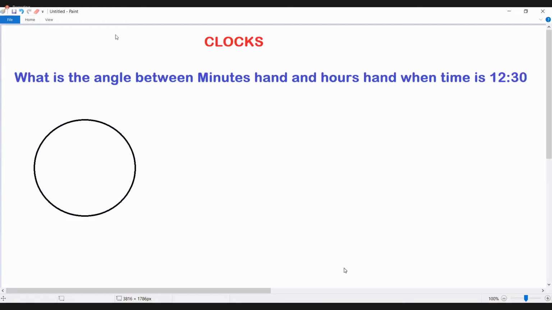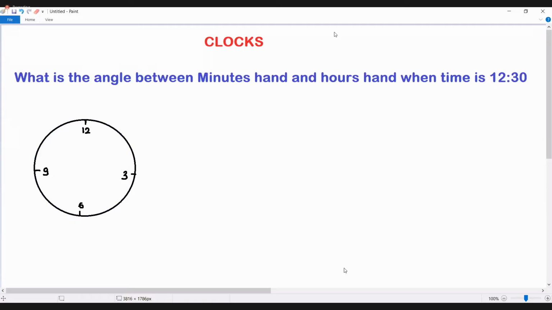I'm just trying to draw the virtual positioning. What is the virtual positioning for this 12:30? Virtual positioning is nothing but placing the minute and hour hands roughly where they will be located when it is 12:30.